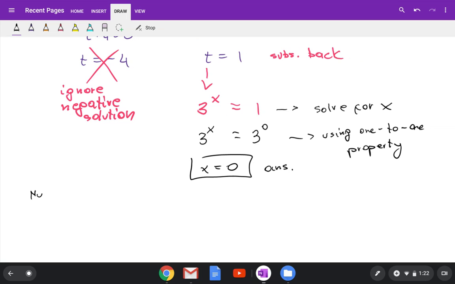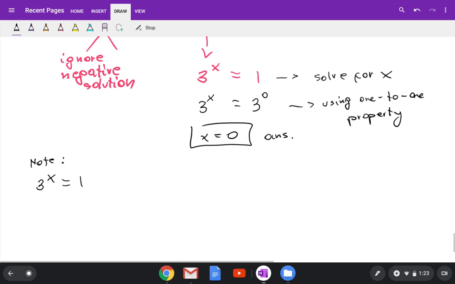Again, note you could also solve 3 to the power of x equals 1 by attaching a log to both sides. So if you want to, you can convert to a logarithmic expression. To do it, you attach log base 3, because the base of the exponent is 3, to both sides. However you guys like it better.